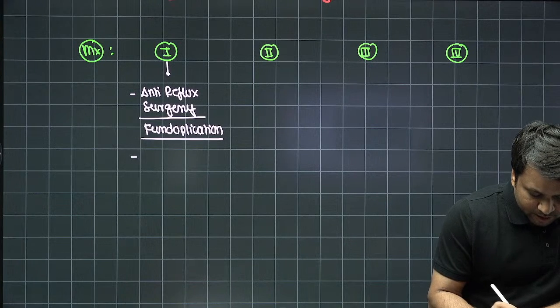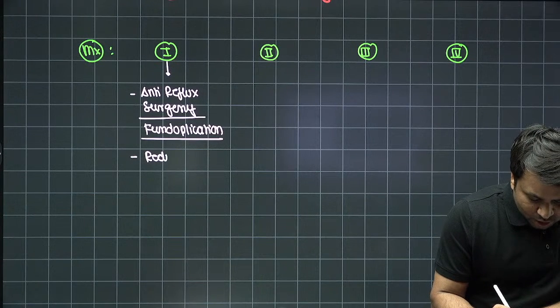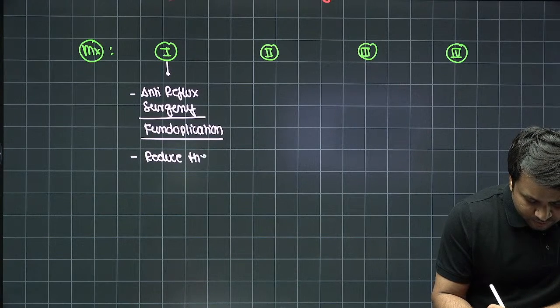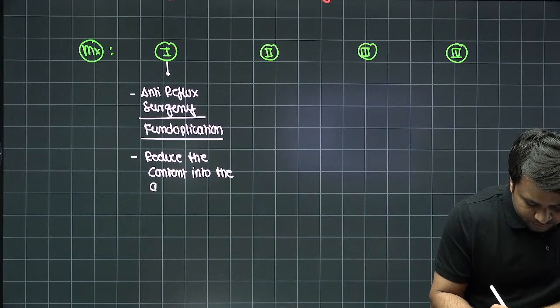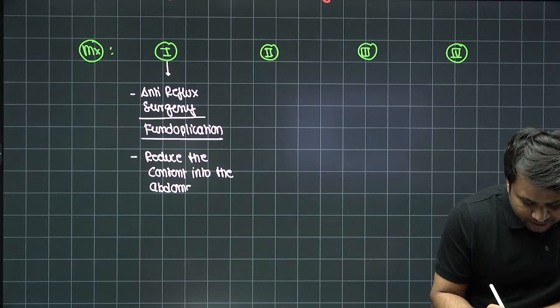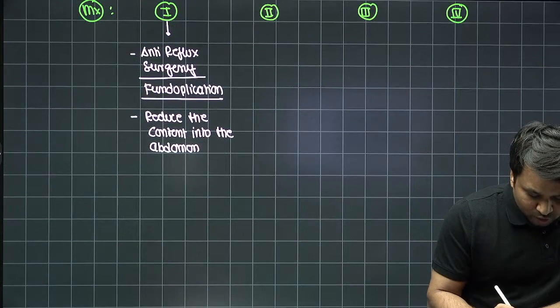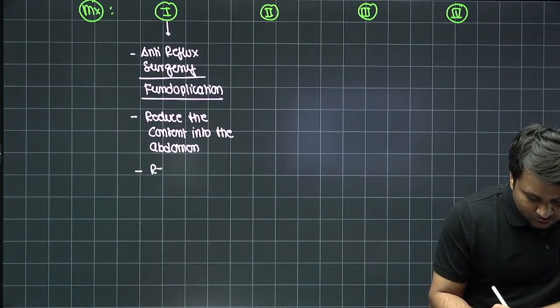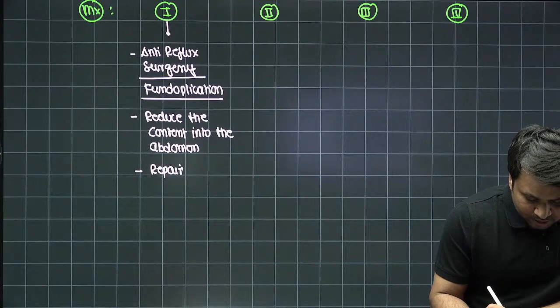You have to reduce the content into the abdomen. So pull that gastroesophageal junction back into the abdomen, do a fundoplication and also repair the defect.